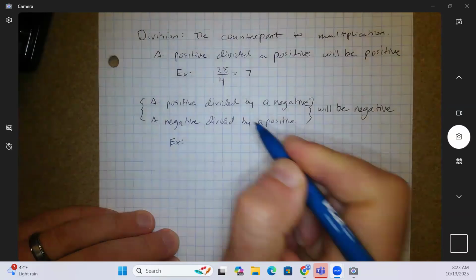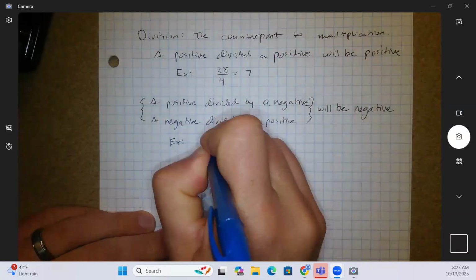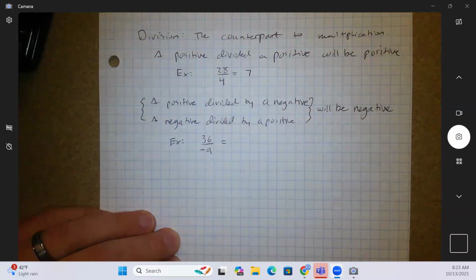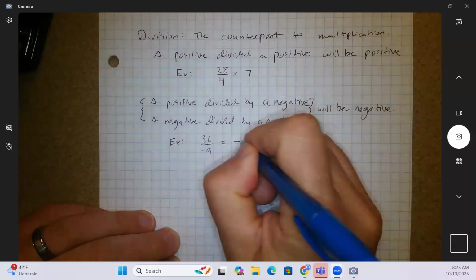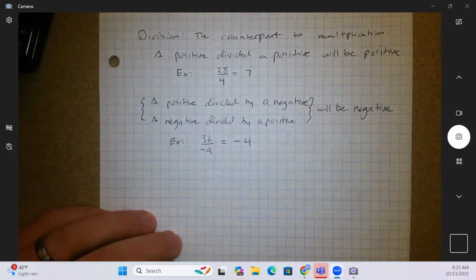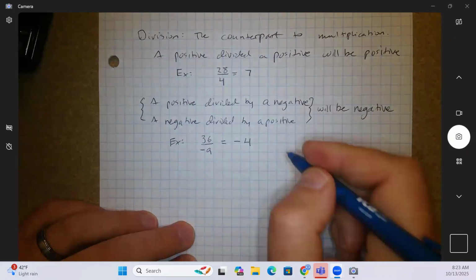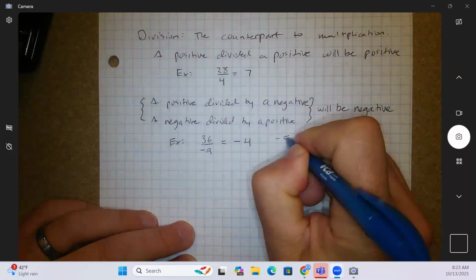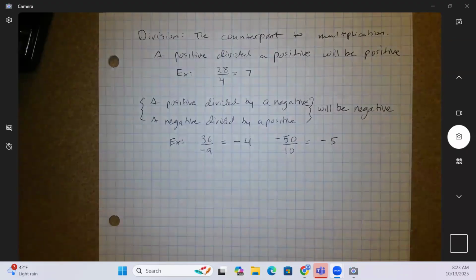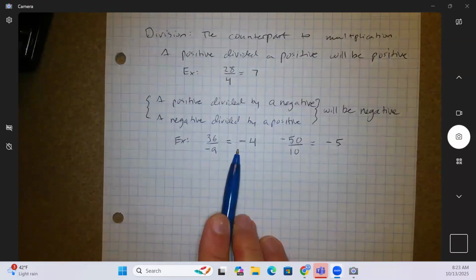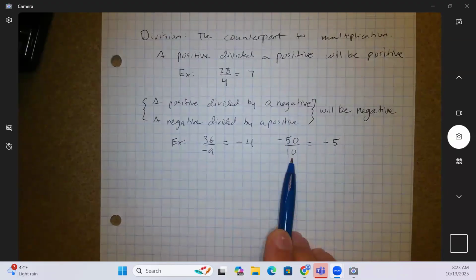Example, let's do 36 divided by -9. 36 divided by 9 is 4, so 36 divided by -9 equals -4. Or I could do -50 divided by +10, and that's going to be -5. So a positive divided by a negative will be negative, and also a negative divided by a positive will be negative.